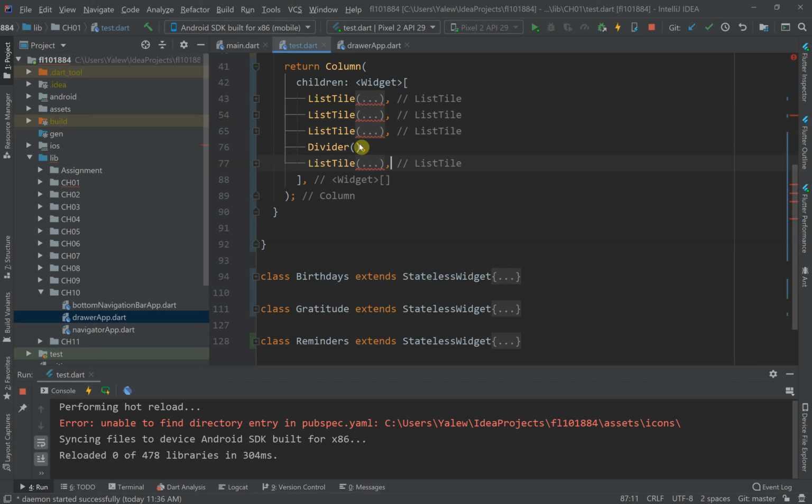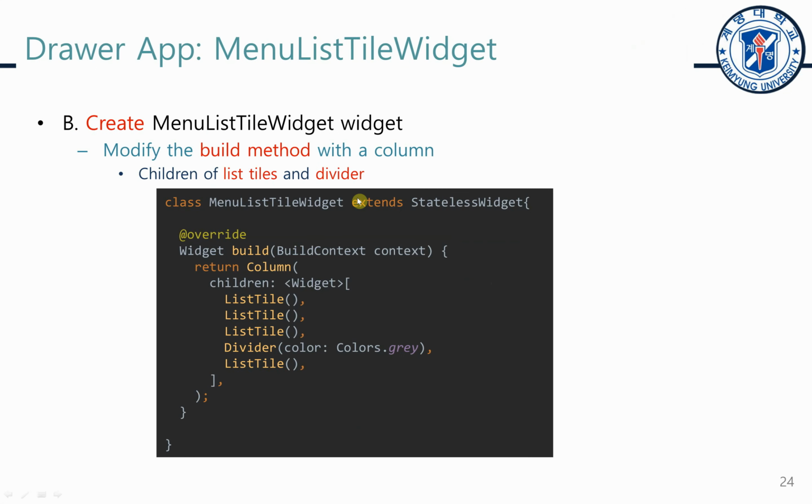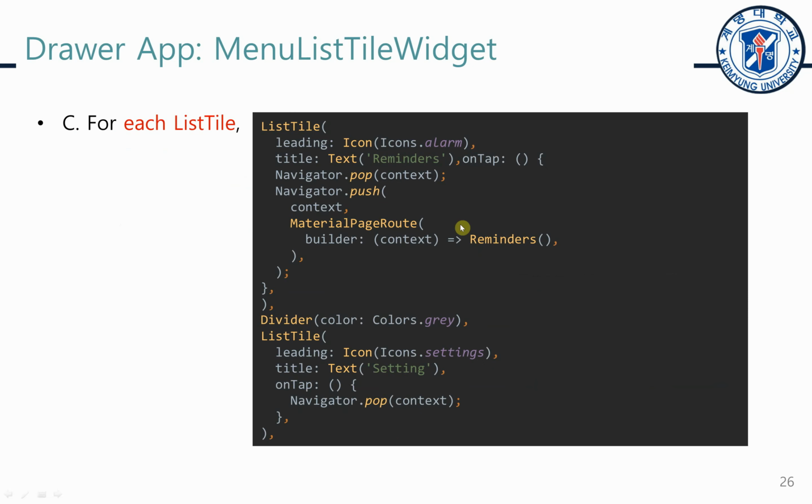Okay, so the list tiles have to be filled with some code. So this is created, and for instance the first list tile calls birthdays, so the icon is cake and the text is birthdays. For the second one, the icon is sentiment satisfied and the text is gratitude, and it calls the gratitude page. And the third one will call alarm or access alarm, and its text is reminder, and it will call the reminders class.